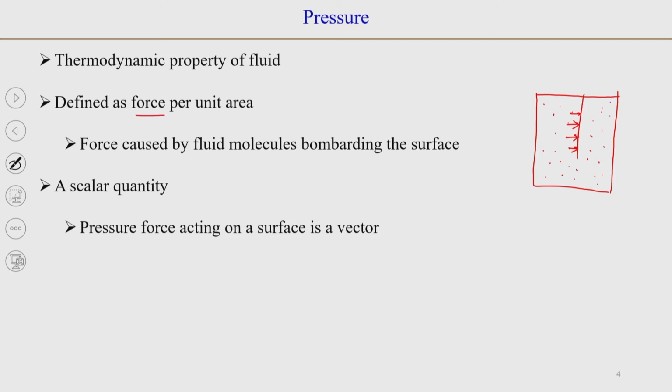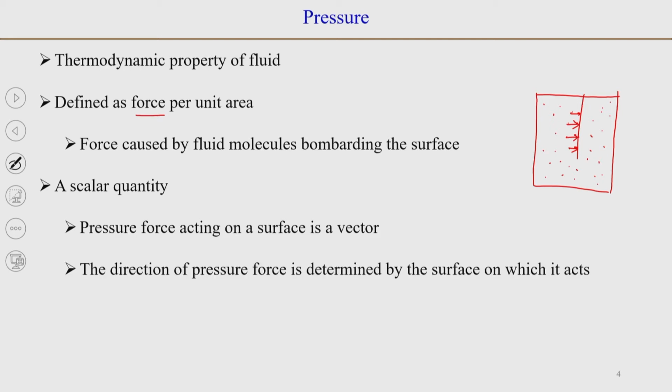When we talk about the direction, it is the pressure force that acts on a surface. The direction of this pressure force is determined by the surface on which it acts. So, when we are defining pressure, we need to have a surface on which it acts.